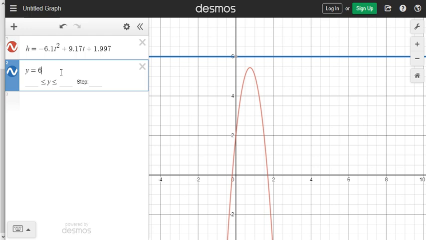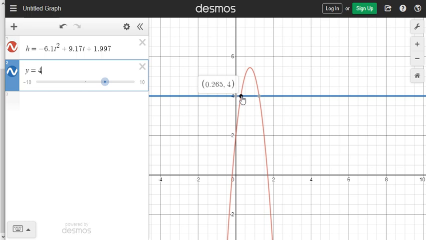What about, though, a height of 4? Well, there's actually 2 spots we get to 4 meters. We get to 4 meters in the air at 0.265 seconds, and we come back down and get back to 4 meters in the air on the way down at 1.238 seconds. So we can see how finding the intersection between a quadratic and a straight line could give us some pretty important information.